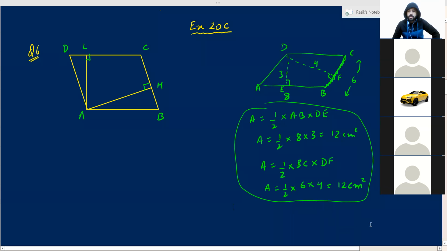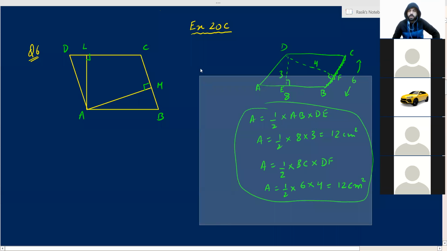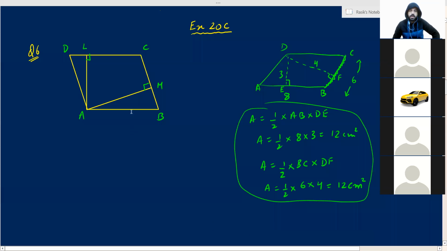Yes, sir. So here we have to use this concept to find the length AM in this question. How? See, here it is given in this question, the length of AB is 18 centimeters, BC is 12 centimeters, AL is 6.4 centimeters.